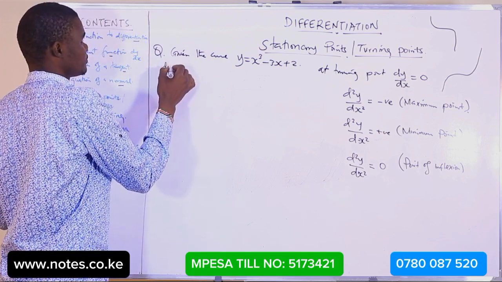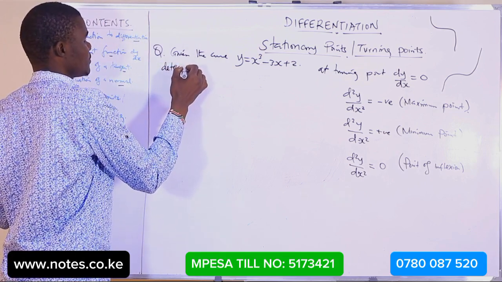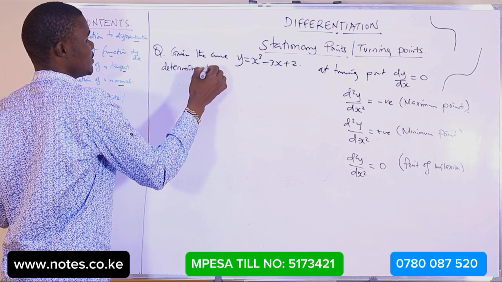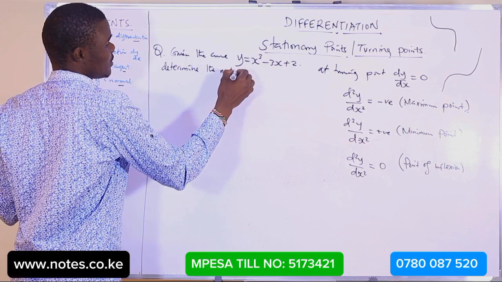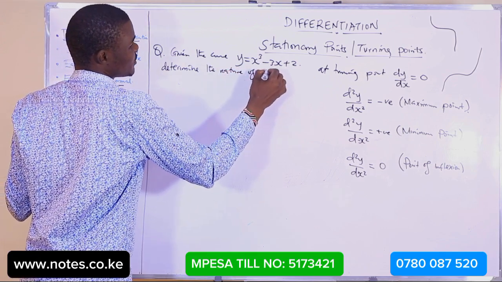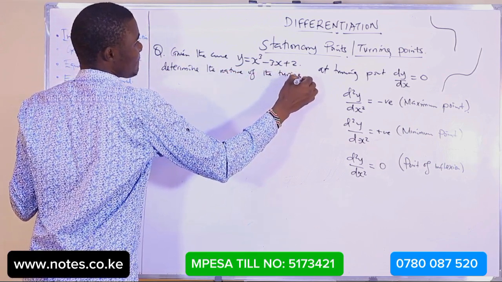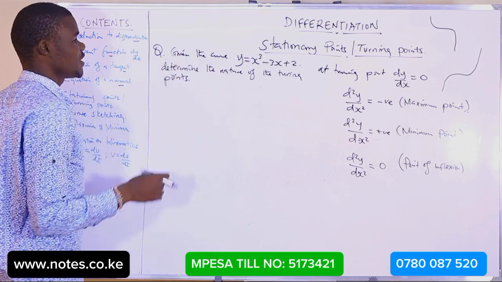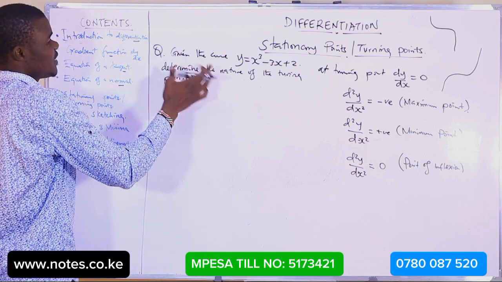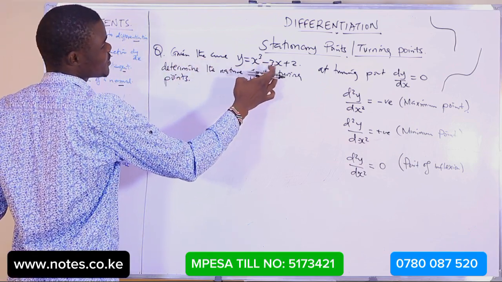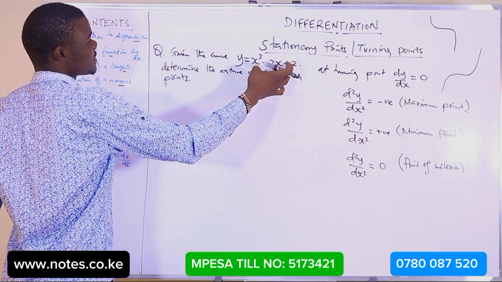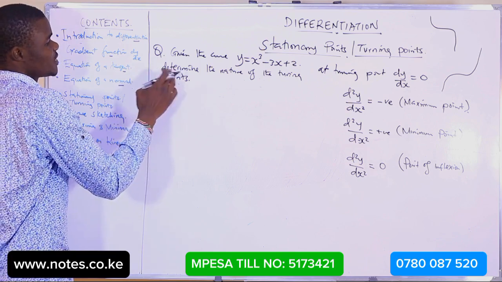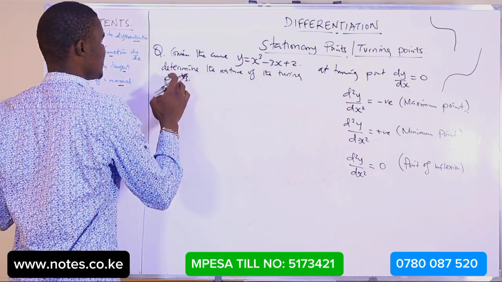Determine the nature of the turning points. So we have a question here. Given the curve y equals x cubed minus 3x plus 2, determine the nature of the turning points.